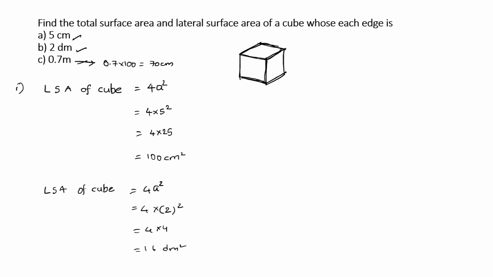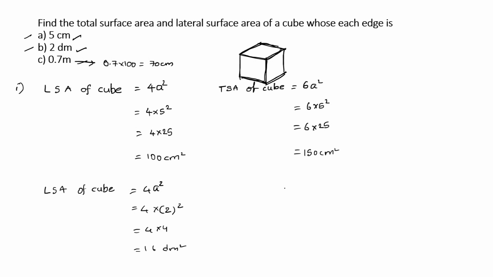Okay. Now for the following cases A and B, I will also find out total surface area. So total surface area of cube is equal to 6a square, 6 into 5 square, 6 into 25, that is equal to 150 centimeter square is the TSA of cube.